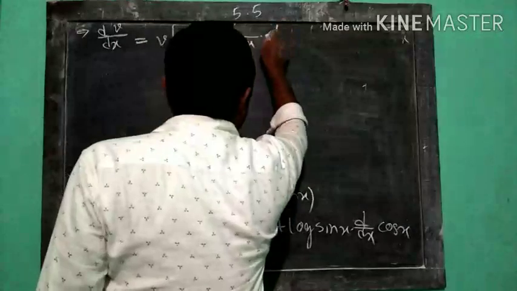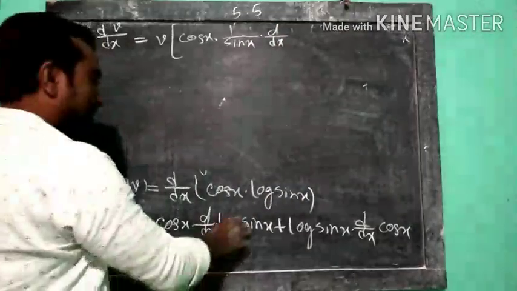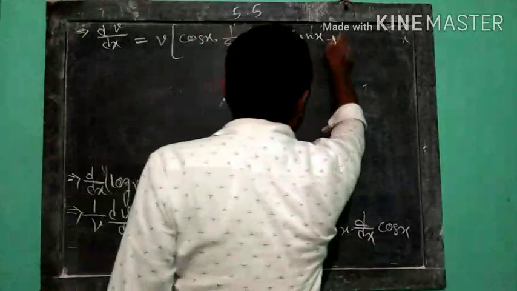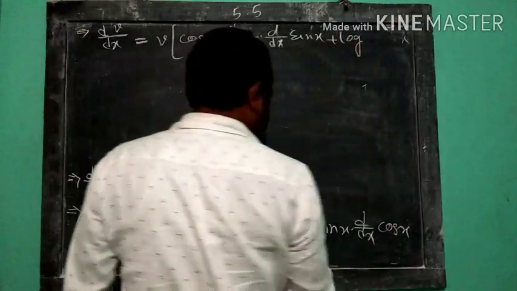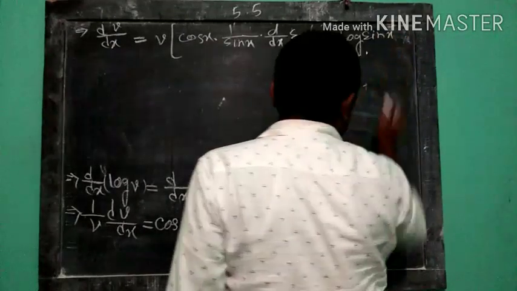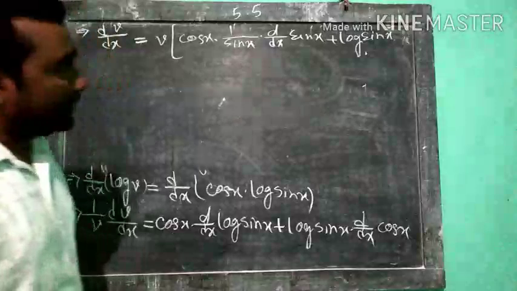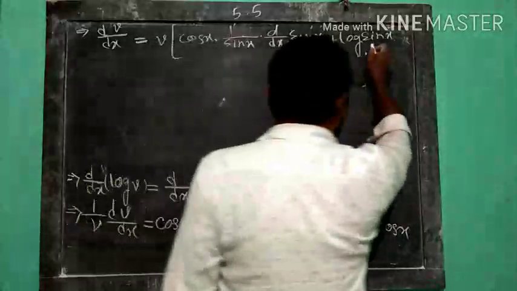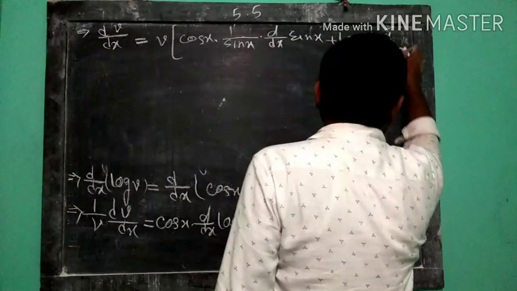So now d/dx of sin x, plus log of sin x into d/dx of cos x. We know the formula, d/dx of cos x equals minus sin x. So right here minus sin x.